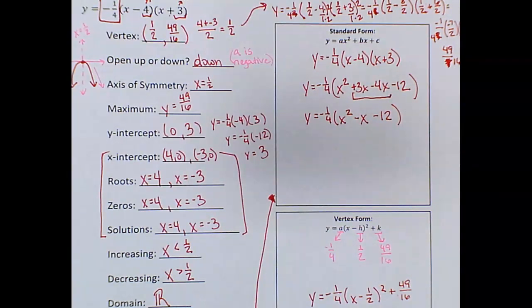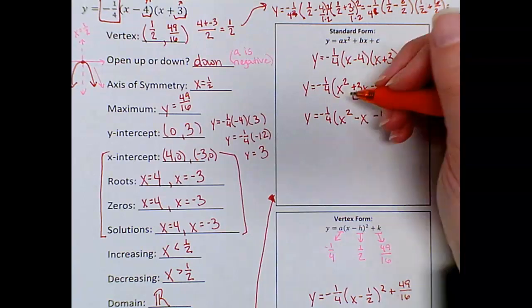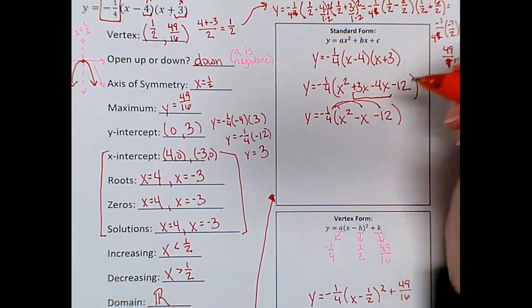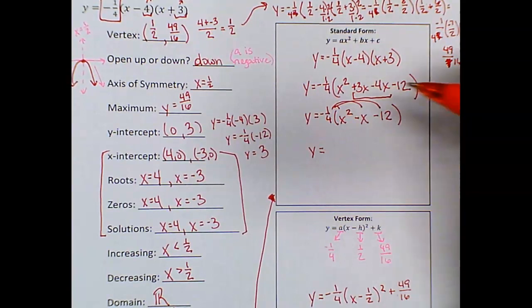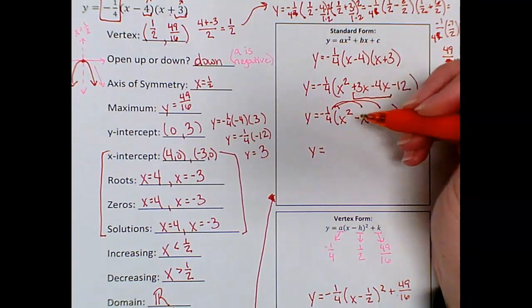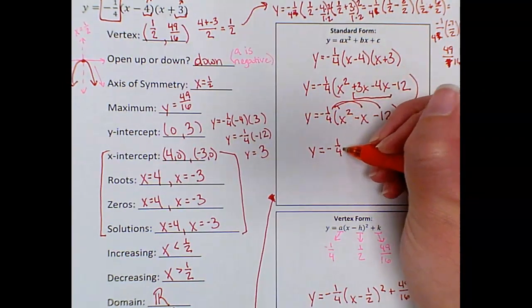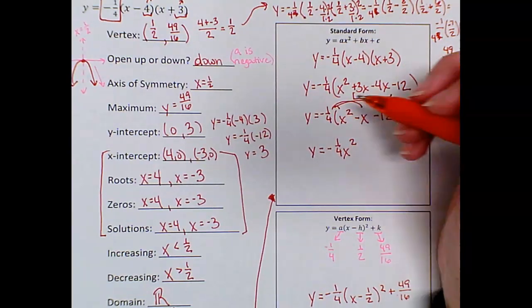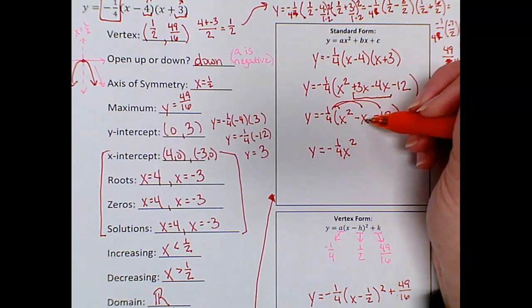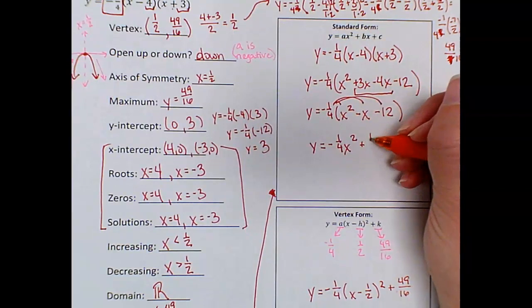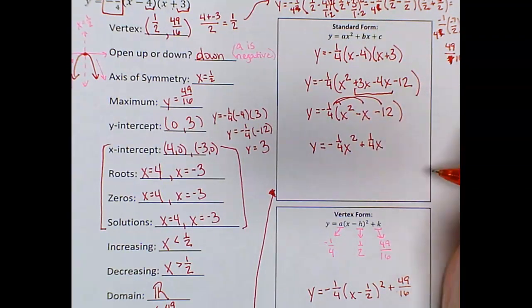And finally, if you want standard form, you have to put that a value into the parentheses, so you need to distribute. So y equals -1/4 times x squared is -1/4 x squared. -1/4 times -x is positive 1/4 x.